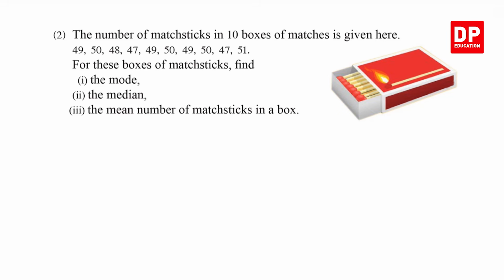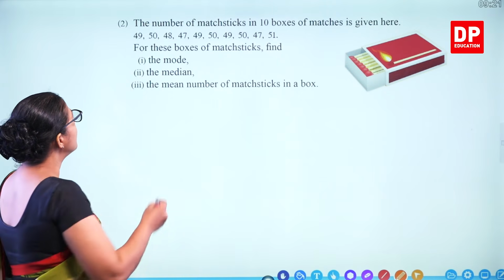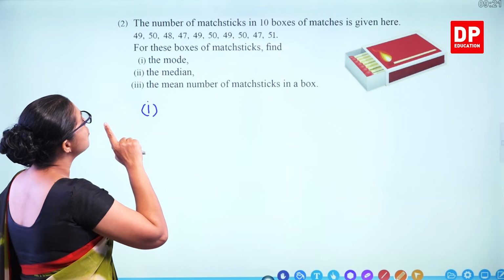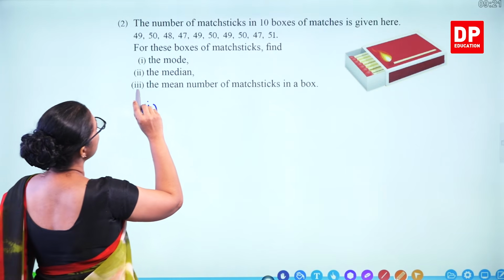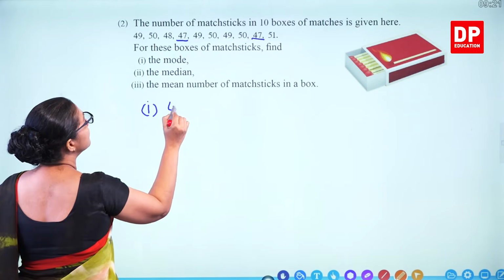Look at question number 2. The number of matchsticks in 10 boxes of matches is given here. For these boxes of matchsticks, find the mode. Most frequent number. We'll first rearrange this in order. 47 twice.